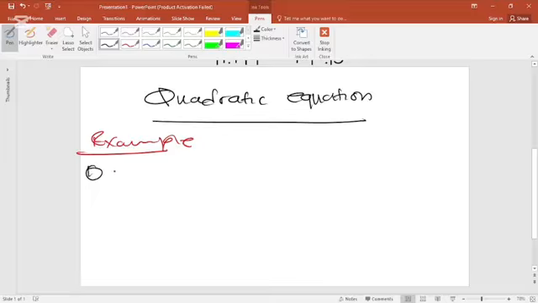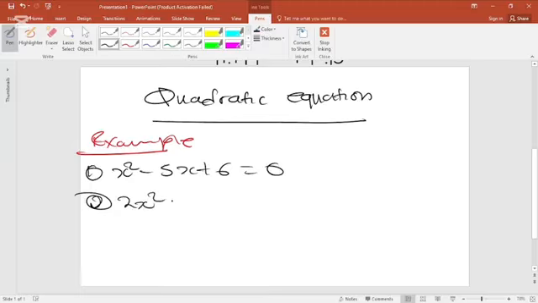The first one is x squared minus 5x plus 6 equals 0. The second one is 2x squared plus 3x minus 2 equals 0.